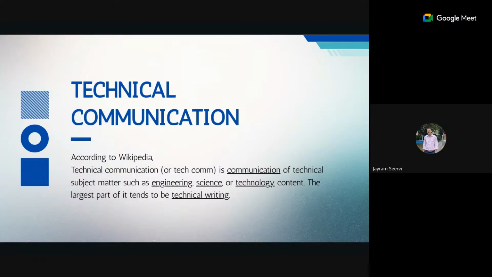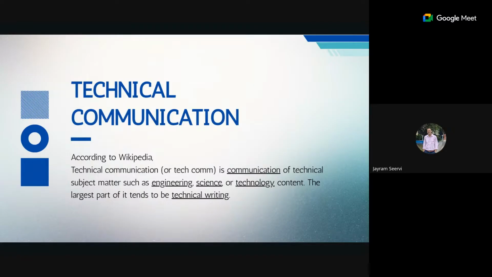So technical communication might differ from content to content, I would say. When it comes to engineering, technical communication is like you are sending information to the audience, saying, okay, this is the information about this particular thing. When it comes to science, we are giving the technical data about the composition, like medical writing, and the medical terminologies we are trying to communicate.